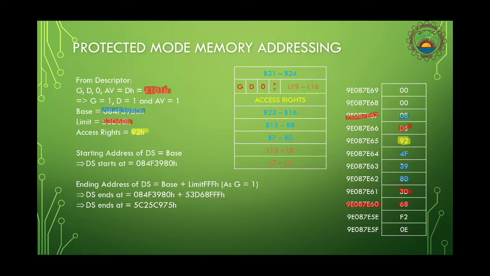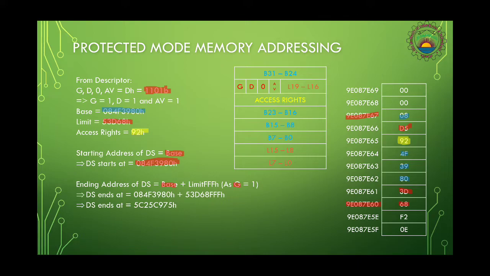Now we have to work out the starting address of the data segment within memory. That will be equivalent to the base address we have just extracted from the descriptor. So that is the starting address of the data segment within memory. For the final address of the data segment within memory, base will be added with the value of limit.